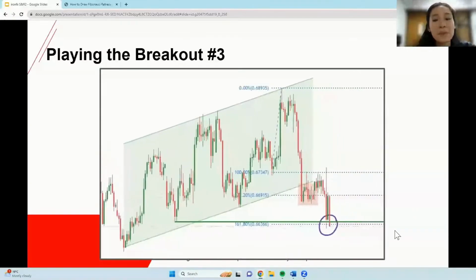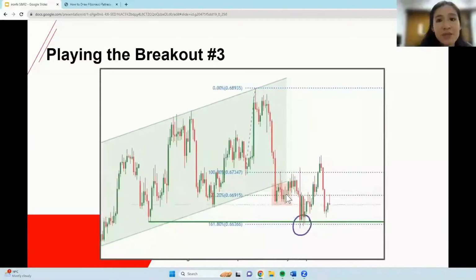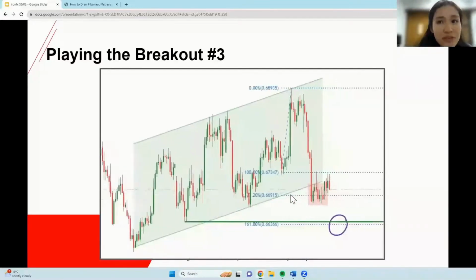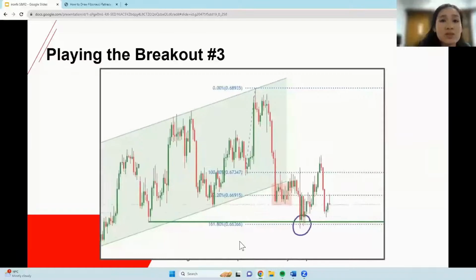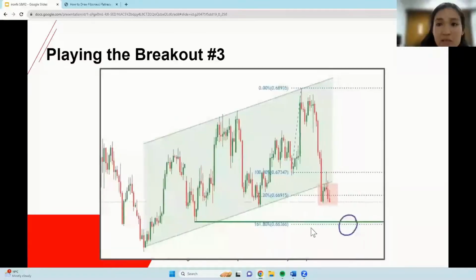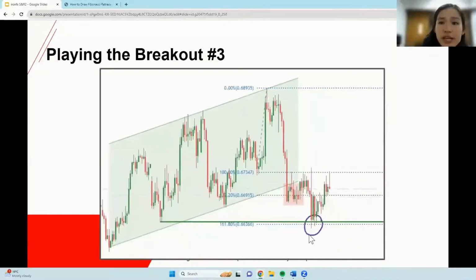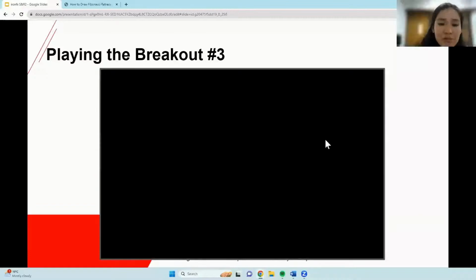We see price break the 127.2% level and went all the way down to 161.8, just as we expected, caught our trade, and then shot back up.